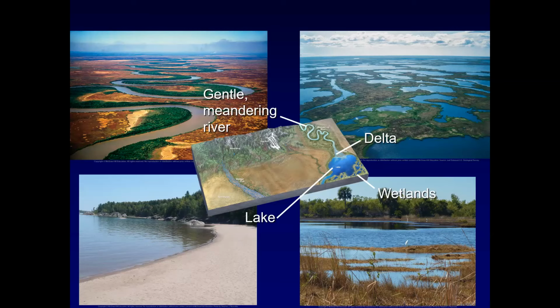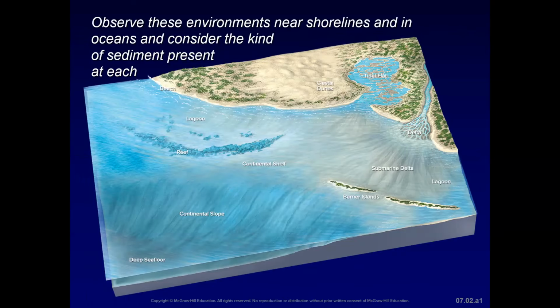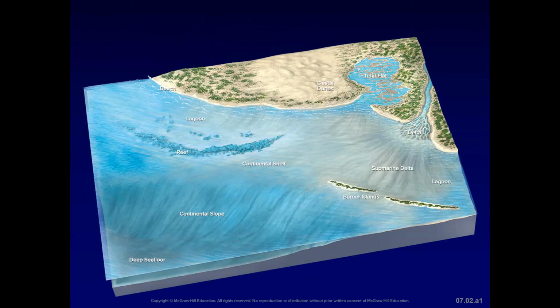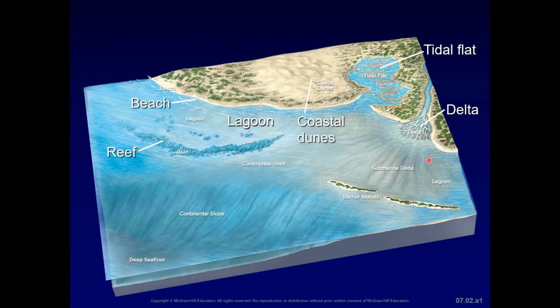So that's generally what you might see from those environments. Now, looking at shorelines, we can think about what might show up here in the beach, the reef, the lagoon, coastal dunes, tidal flats, and the delta. I'd consider probably broken shells, sandstone grains here.